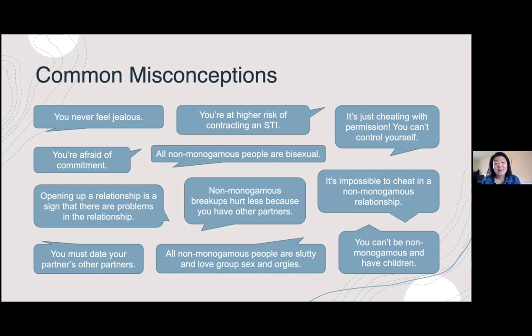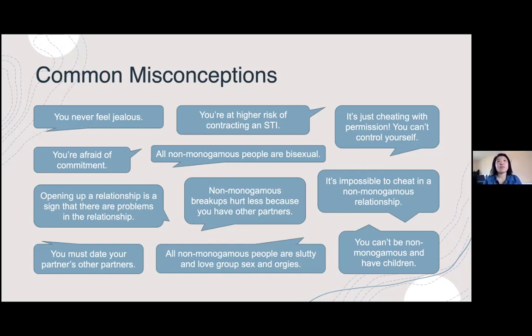Like I said, cheating is when you break agreements in a relationship, and non-monogamous relationships still have agreements that can be broken. So a classic example is protection when it comes to STIs. To use a personal example, me and my anchor partner, we use condoms with other people, whereas we don't with each other.